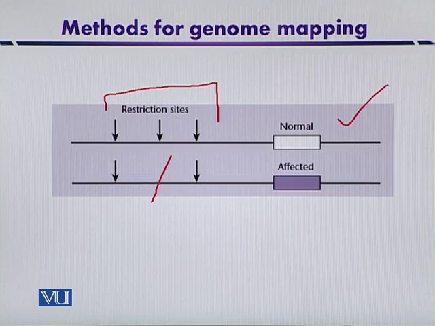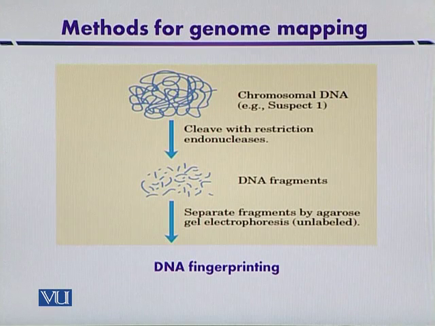In this case the number of fragments produced is different, so we can exploit such variations to study the locations of different genes. This diagram outlines how polymorphic situations can be exploited.